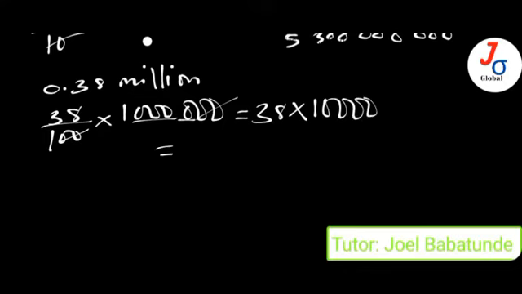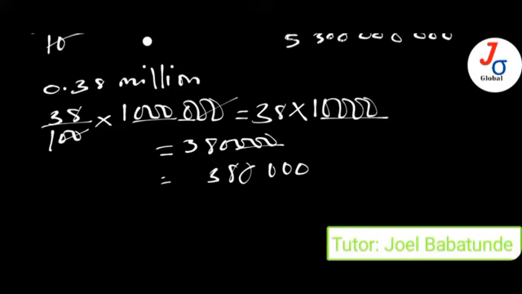Then how many zeros? 4 zeros: 1, 2, 3, 4. So how do I write this from the back? I'm going to write 0, 0, 0, 0, then 8, 3. And how do we call this? This is 380,000. Okay, so that's what 0.38 million is.